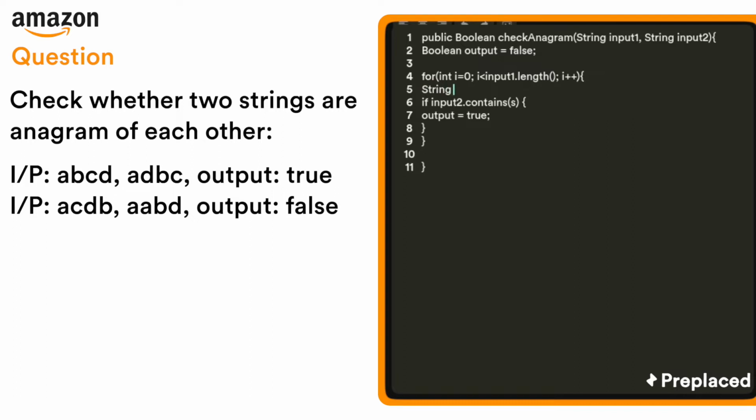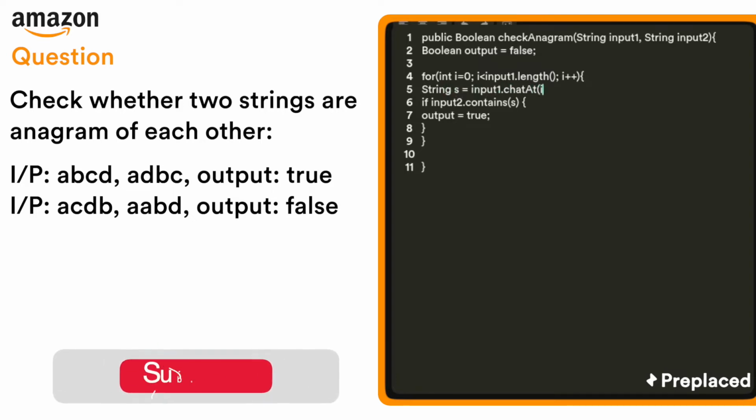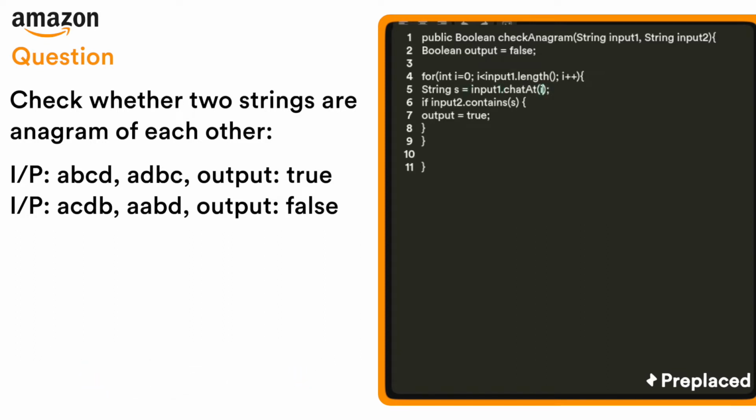String s equal to input1.charAt(i), the character at the ith position. So right now string s will contain input one's ith character. Now if input 2 contains this string s, then my output will be true. But there will be a problem here.